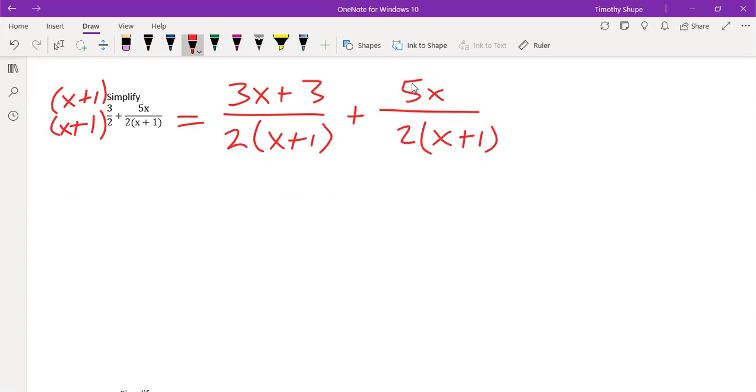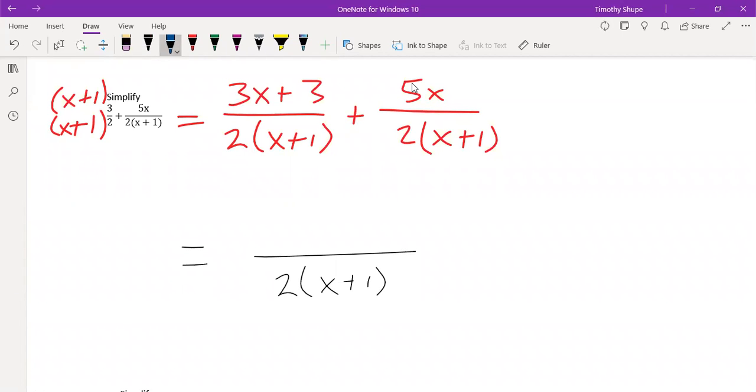I don't need to do anything to that second fraction because it already had both the factors of 2 and x plus 1. But at this point, we can look for any common terms to simplify in the numerator. The denominator, when I combine this, is going to remain the same. That 2 and the x plus 1 don't change.